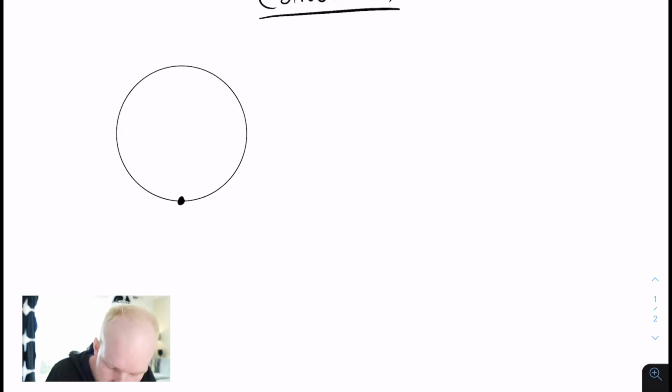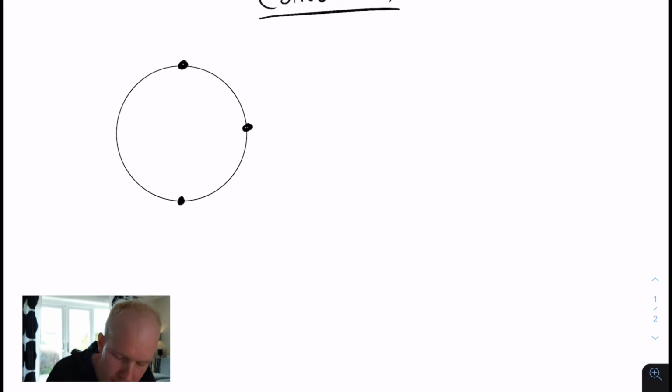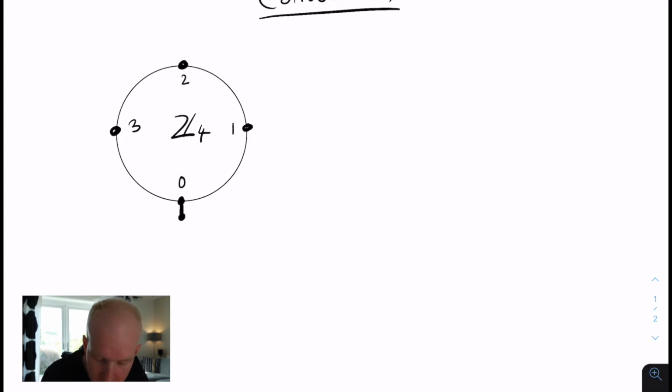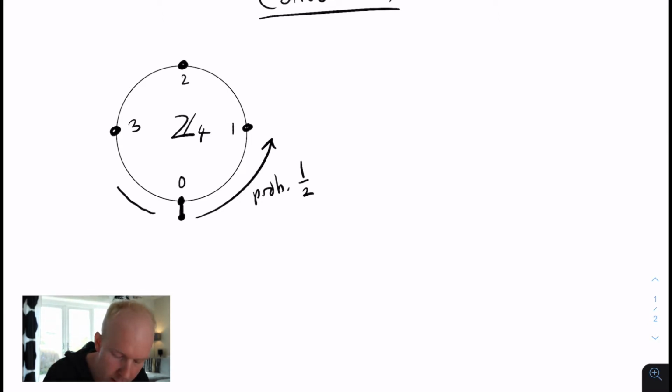Let's start from this basic random walk on Z4. These are the points 0, 1, 2, and 3, and let's say we start our walk at the position 0, and then we move with probability half to the right and probability half to the left.